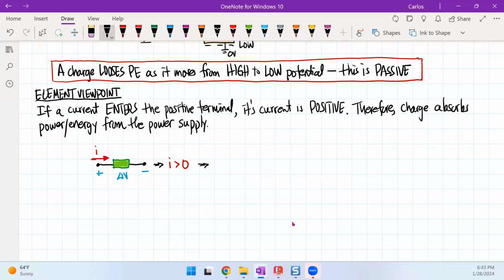What it says here is that the voltage is always positive. In this case, the current is positive. So if I put this all together, then this tells me that if I have a passive power, then that means I have voltage times current, but I have two positive signs, and you can see here that this is greater than 0.